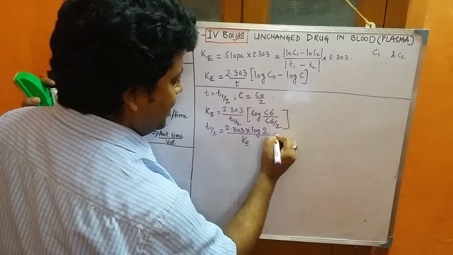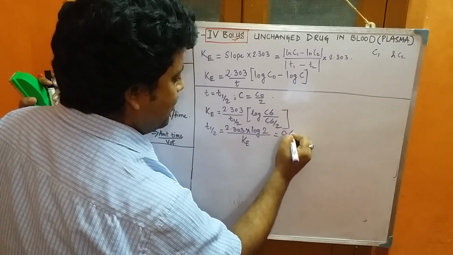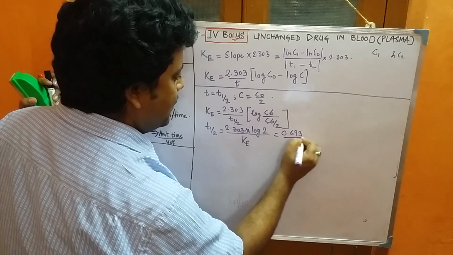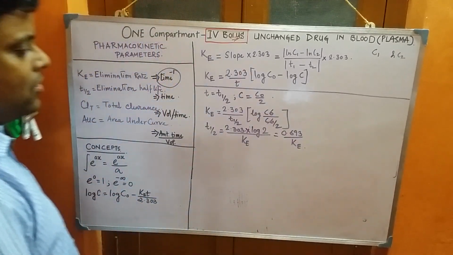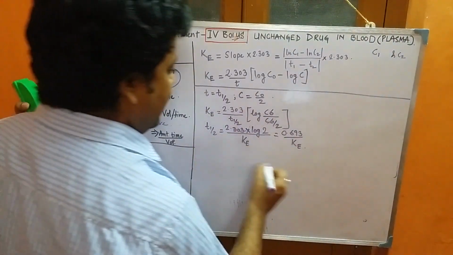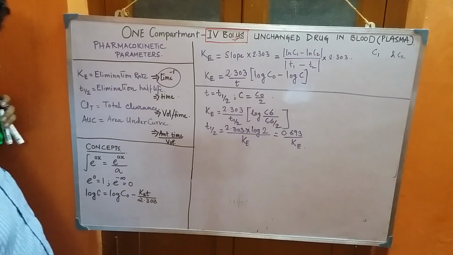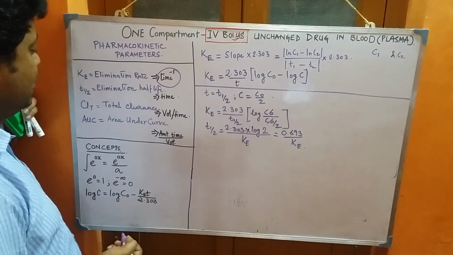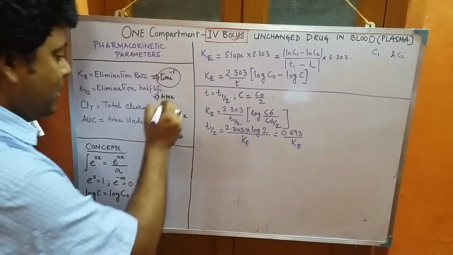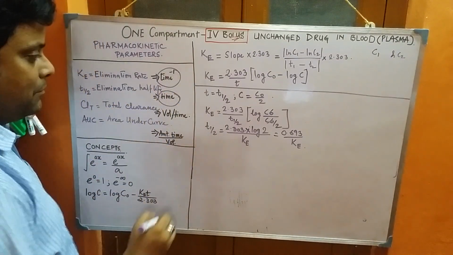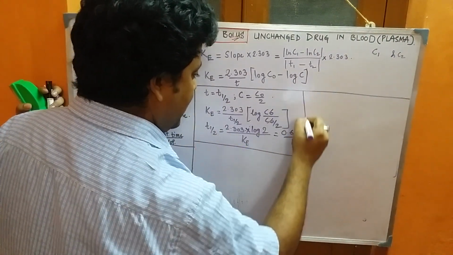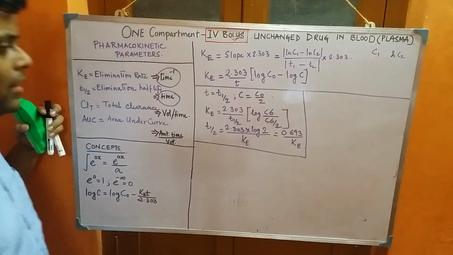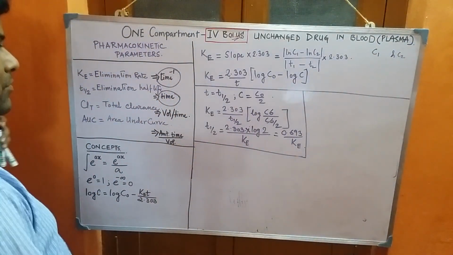On calculating, it becomes 0.693 by Ke. So this is the calculation for the elimination half-life, and the unit is time.